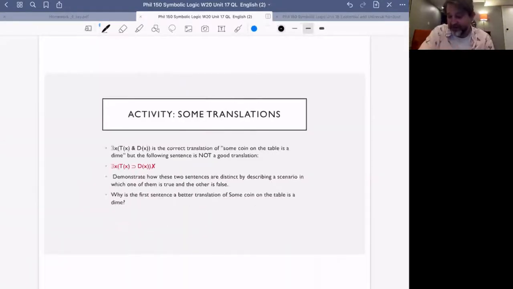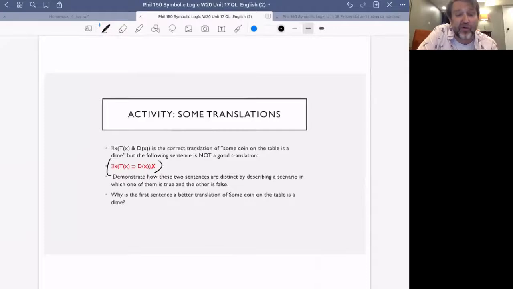Let's move ahead. First, actually, let's look at a few translations. So some more activities here. Some x, Tx and Dx is the correct translation of some coin on the table is a dime. The following sentence is not a correct translation for this. What this sentence says is, there is something x such that if x were on the table, it would be a dime, right? So this might be true for a dime that's in my pocket, for example.